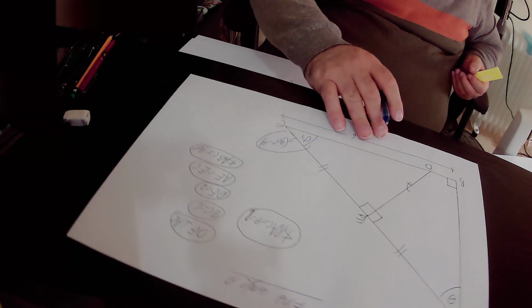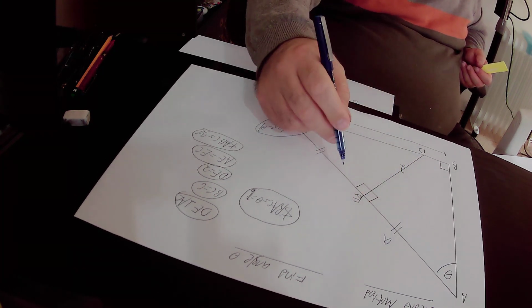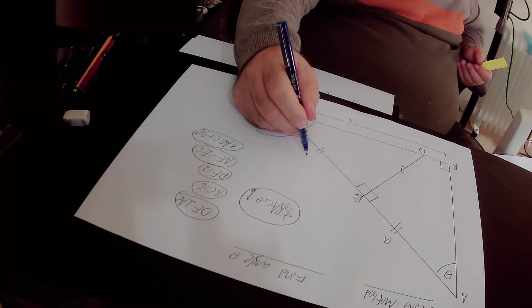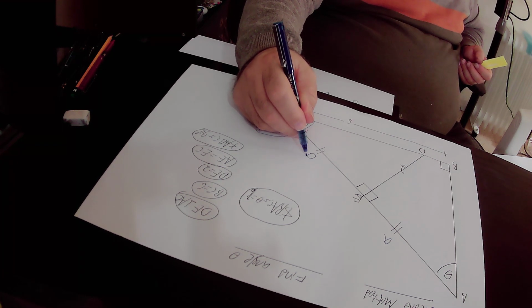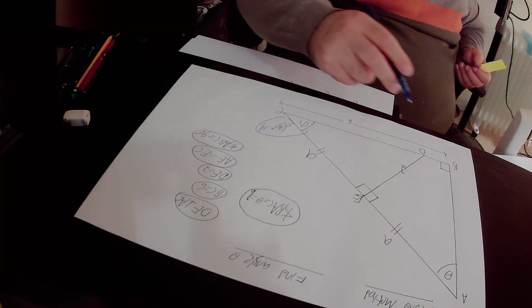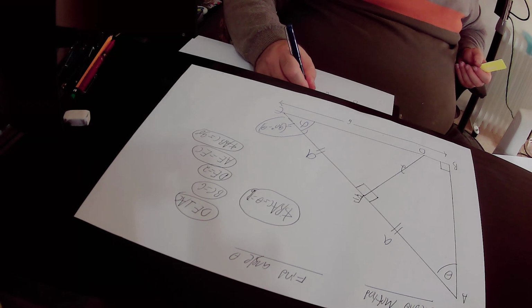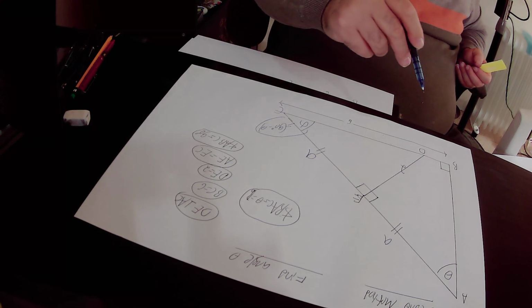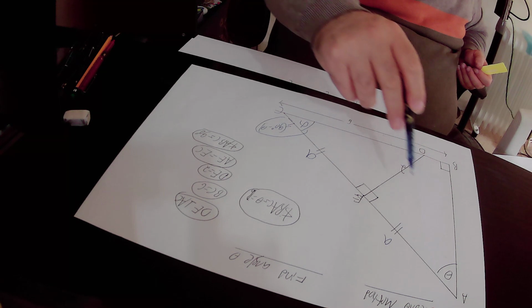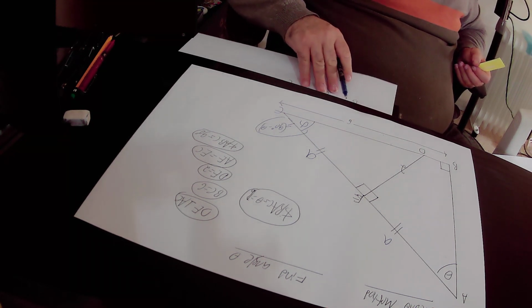But first of all, we will define AE as a, so EC will also be equal to a. That's what we already did in the first method. So AE equals a, and EC also equals a. Therefore, the hypotenuse AC of the right triangle ABC will be equal to a plus a, that is 2a.